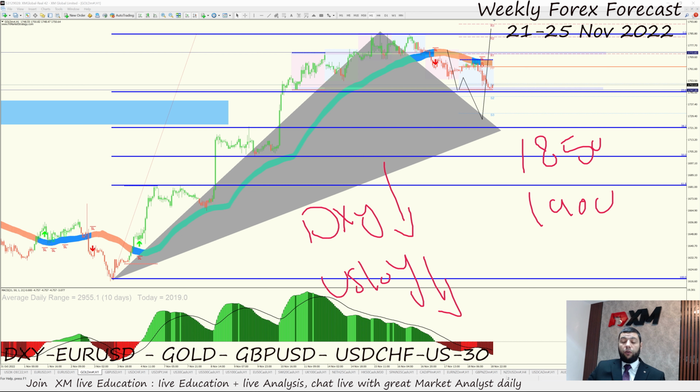What's next? After such a big move, CPI was very good, but last week the core retail was still positive. So it sent the Dow down a little bit, because what this means is that the American economy is still really strong.